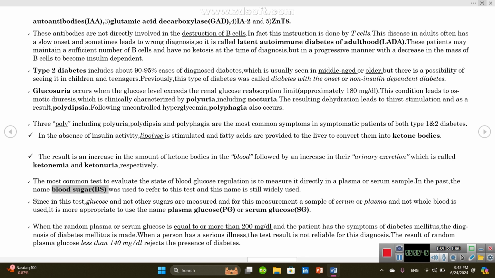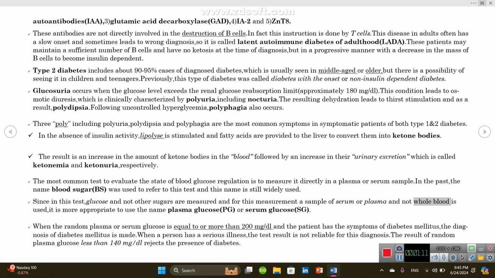The word blood sugar isn't really correct, since in this test, glucose is measured and not other sugars. Glucose, okay, not other sugars like fructose, galactose, maltose, and some monosaccharides and polysaccharides. For this measurement, a sample of serum or plasma is used, and not whole blood, because blood contains three parts.